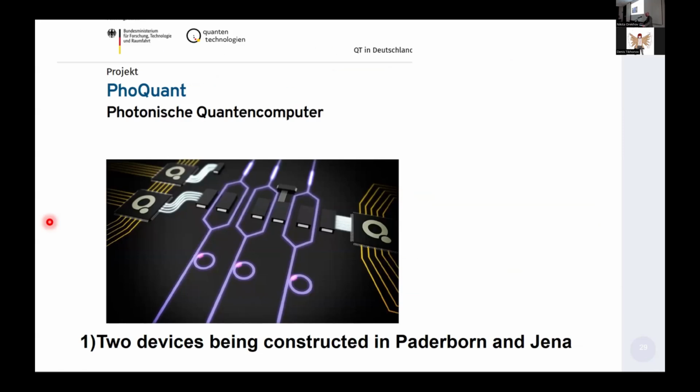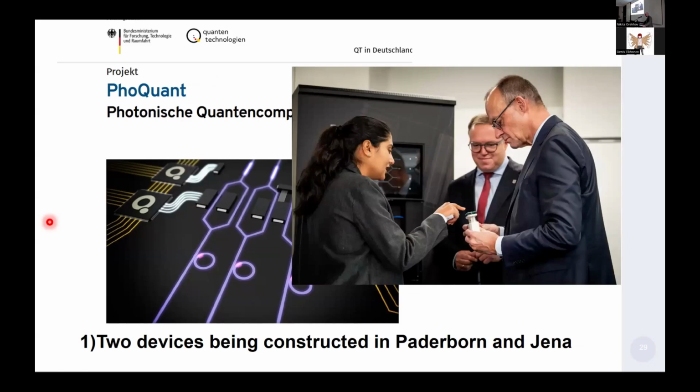But then the managers changed. One of them is talking to you, and it's a stunning success. At least it's very important, so that the Federal Chancellor came to the University of Vienna and looked at the photonic chip. I don't know whether it's a good commercial for the computer or not, but at least it's important, you know.